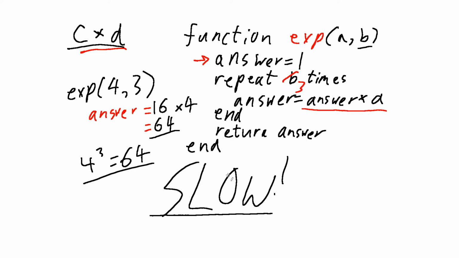And now, why is this a slow algorithm? To analyze why this exponentiation algorithm, just repeatedly multiplying, is a slow algorithm, we have to look at the time complexity of the algorithm. So we will look at the asymptotic time complexity in the worst case. The first thing to look at is we have an iteration, we have repeat.